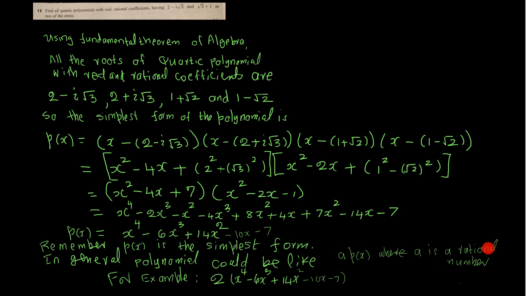Alright, real number, let me change this one, I don't know why I make this mistake. I'm going to erase this one. It's a real number. So 2 times that one. So that's all I have for you today.